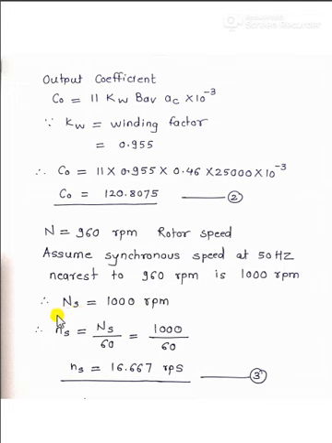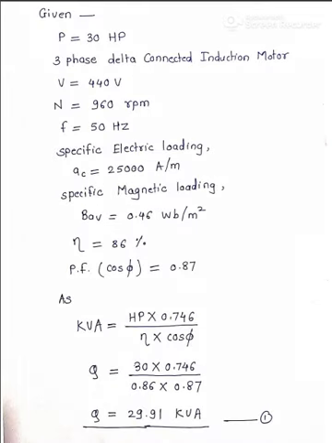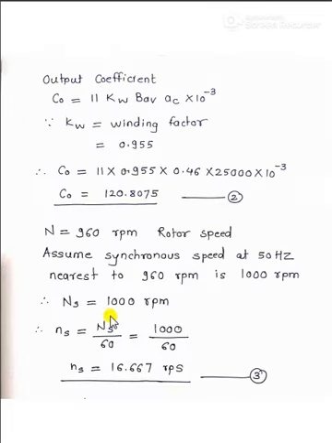From this capital NS we can easily get small ns. Small ns is equal to capital NS upon 60, so 1000 by 60 is equal to 16.6667 rps. Call this equation number 3.